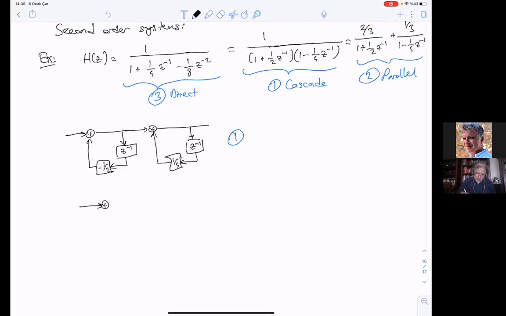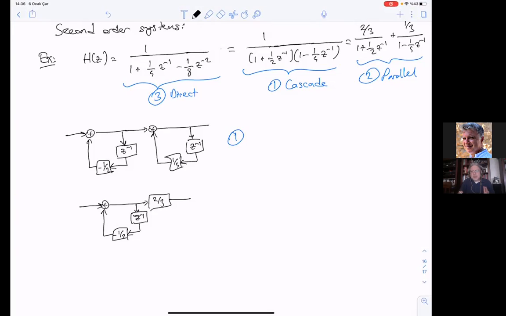That's what I'm going to do. 1/1 plus 1/2 z inverse will be this. The delay is scale of -1/2, and feedback, that is 1/1 plus 1/2 z inverse. And the output of this one is scaled further by 2/3.